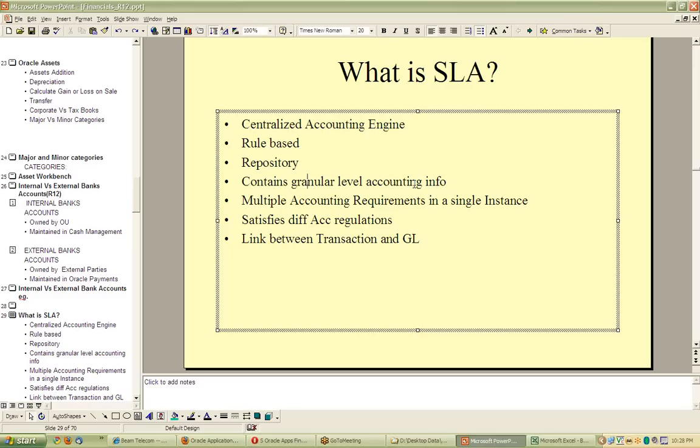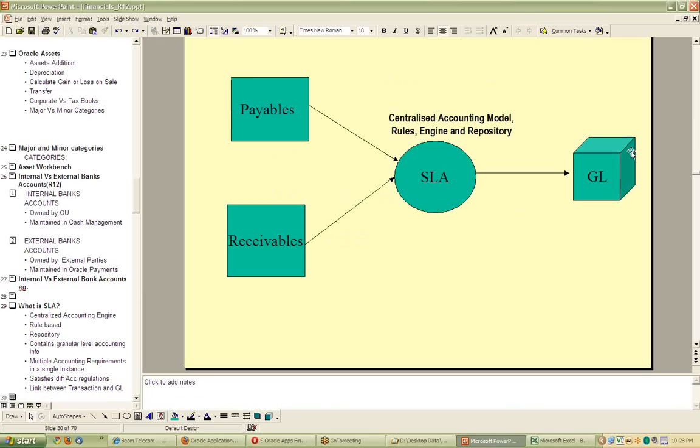All this information can be tracked in subledger accounting. Basically, it forms a link between the transaction and the general ledger.